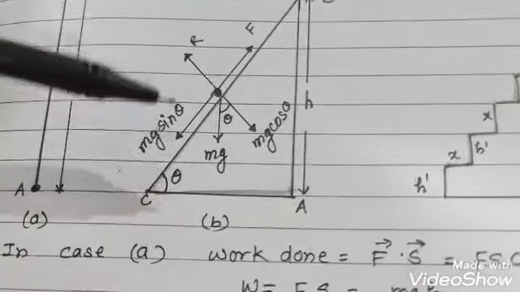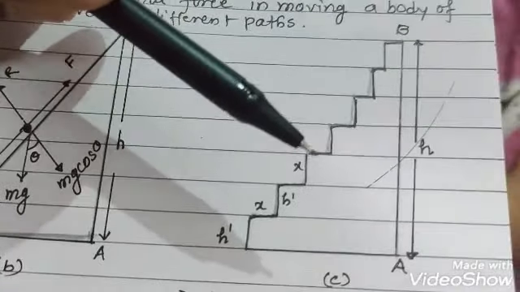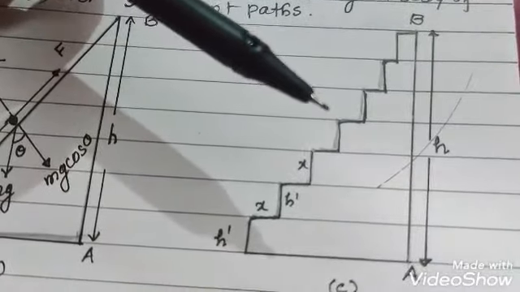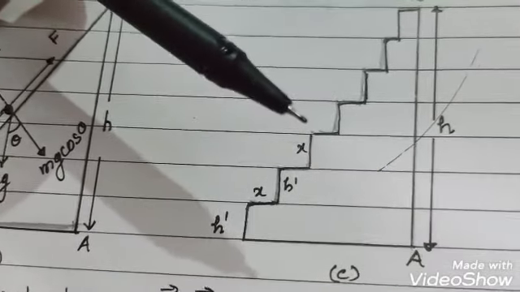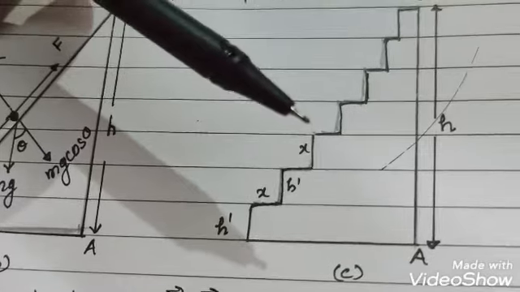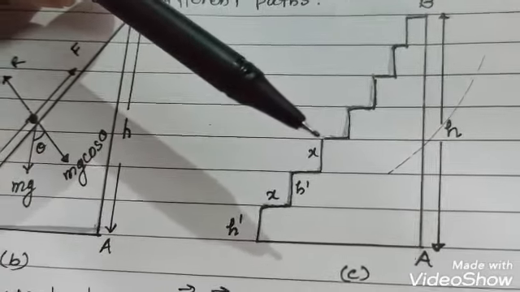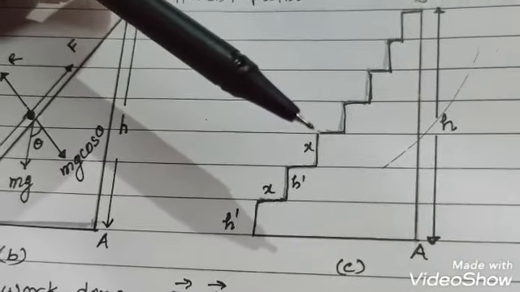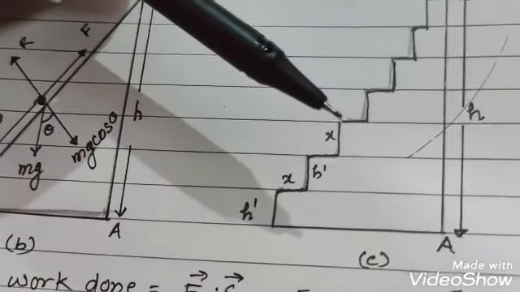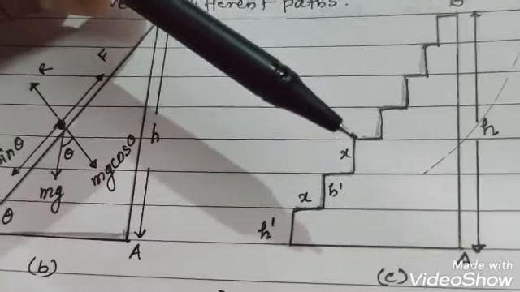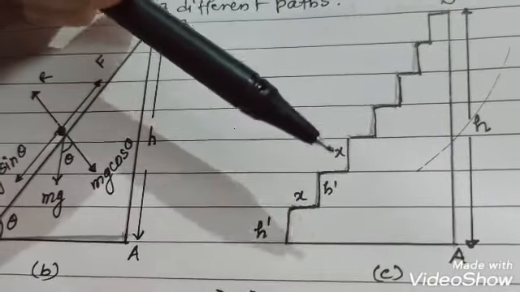Now the third case: here also the friction force will be more, because we are moving the object up a staircase. The ups and downs are there, so obviously the roughness of the surface matters. The friction force depends on the nature of the surface, and so the work done by the friction force also depends on the nature of the path.